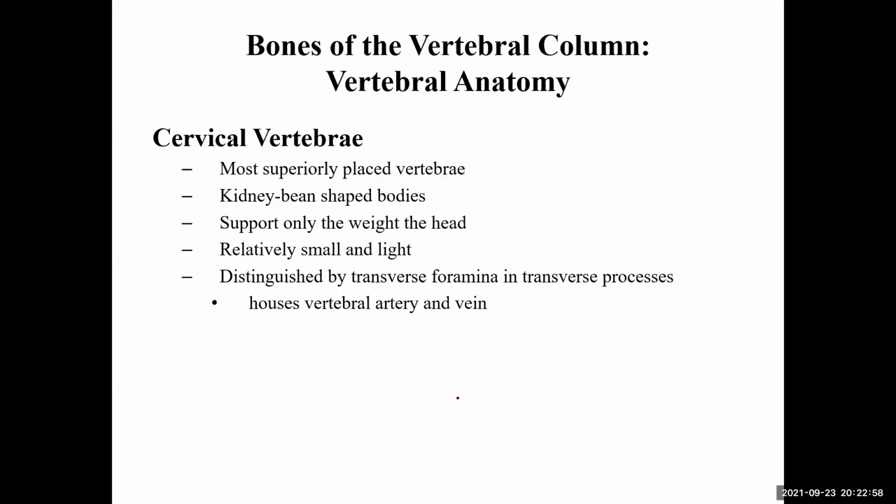Okay, let's start with the topmost division of the vertebral column and talk about your cervical vertebrae. Again, like I said, the only thing these vertebrae have to support is the head. And so these will usually be the smallest ones, but they have the transverse foramina, which are located in the transverse processes.